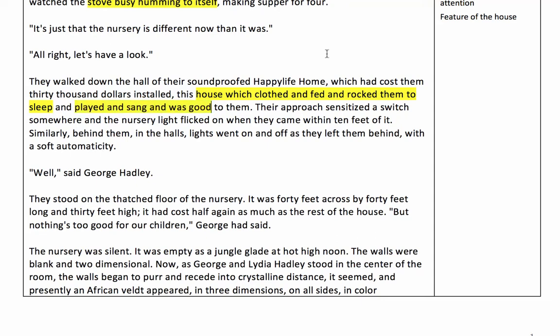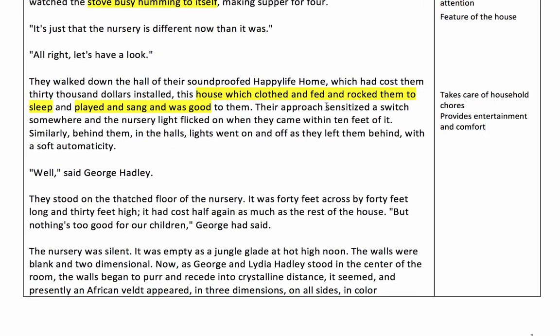So clothed and rocked them to sleep, we would interpret this to be the house takes care of household chores. And besides that, it's not just that, the house played and sang and was good to them, so it also provides entertainment and comfort. So this is what we call an intelligent house.